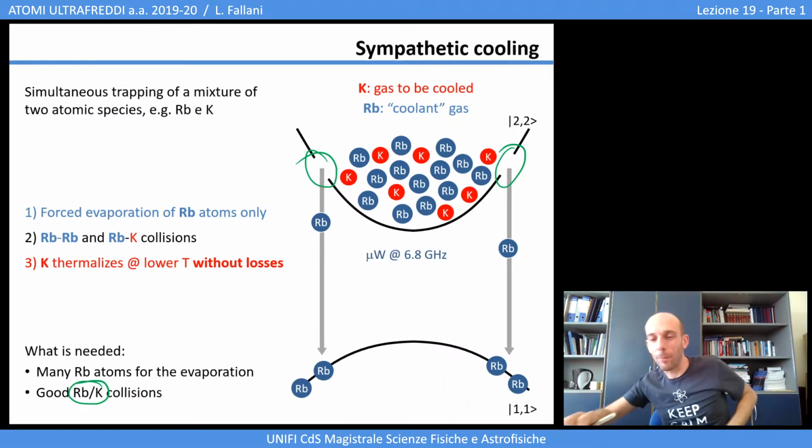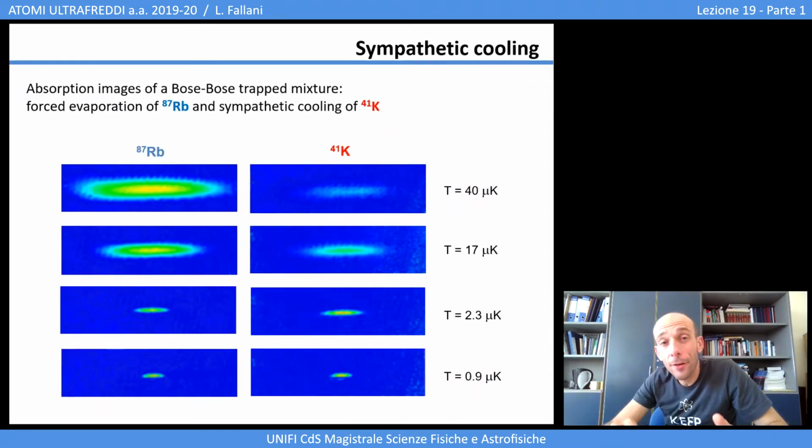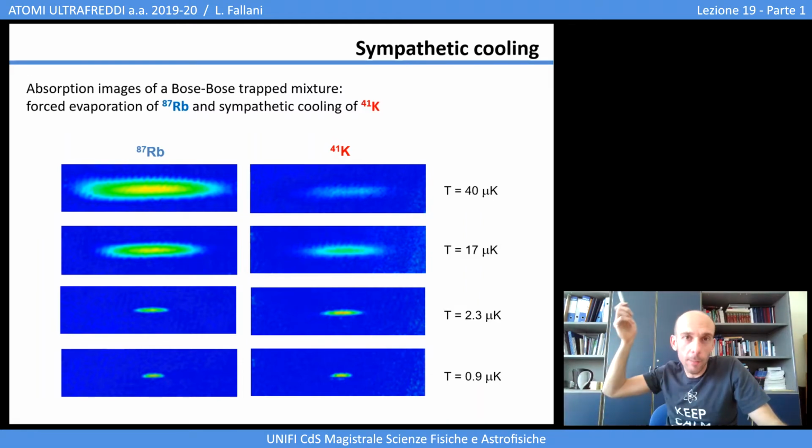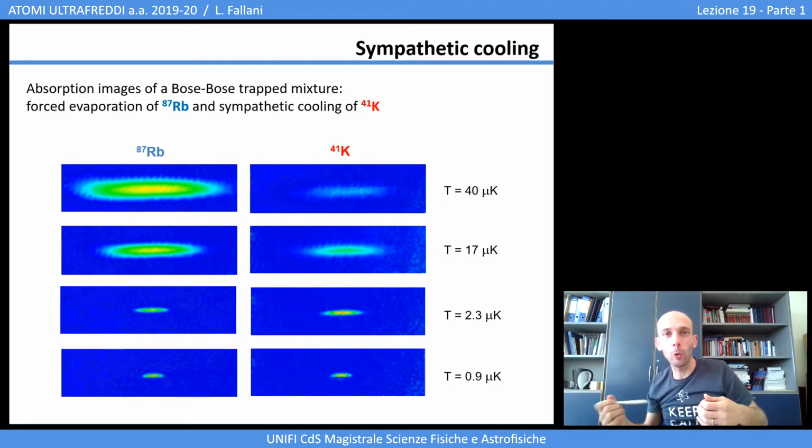So let me show you some pictures now. Here you see some images of atoms that come from the first realization of sympathetic cooling between atoms of different chemical species, which was realized almost 20 years ago here in Florence. And so you see images of rubidium atoms, and you're performing here this forced evaporation of rubidium, and potassium is cooled by sympathetic cooling. So it's cooled by sympathy with rubidium.